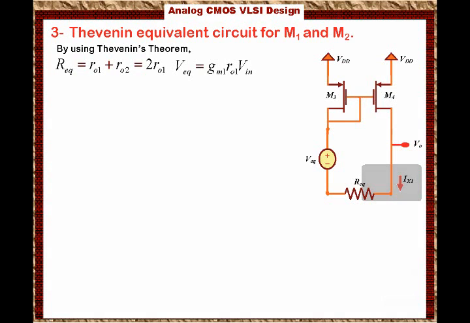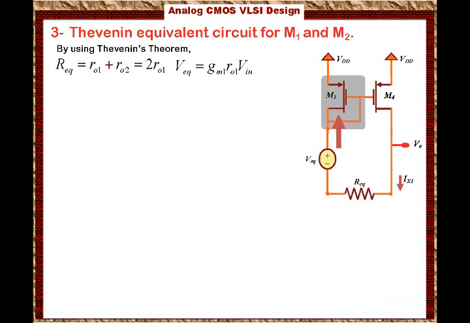To evaluate Ix1, we also have to look into the equivalent resistance of M3. The equivalent resistance looking into the drain of M3 is 1 over GM3 in parallel with RO3, because this transistor is diode connected.